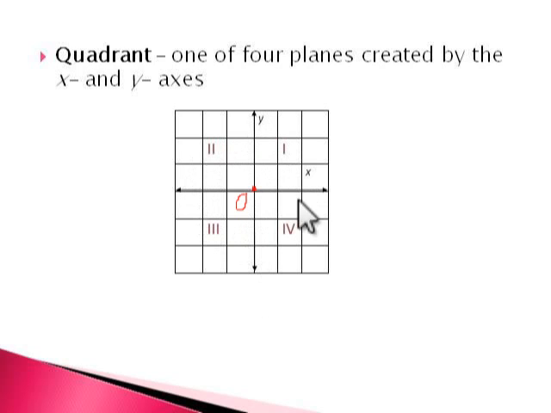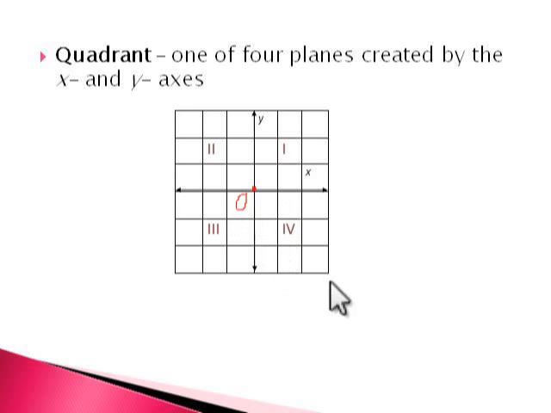Now, this coordinate plane has 4 quadrants, and they're labeled with Roman numerals. So this section here is the first quadrant, Roman numeral 1. This is the second quadrant, Roman numeral 2. This is the third quadrant, Roman numeral 3.